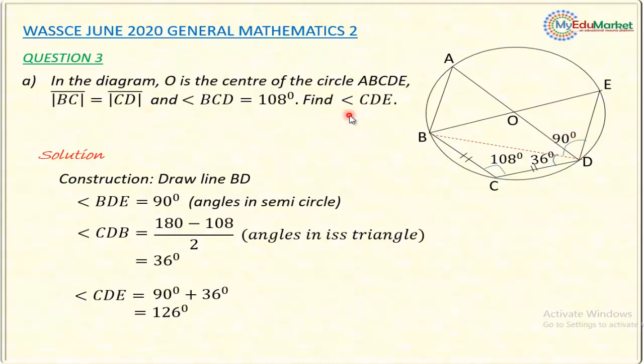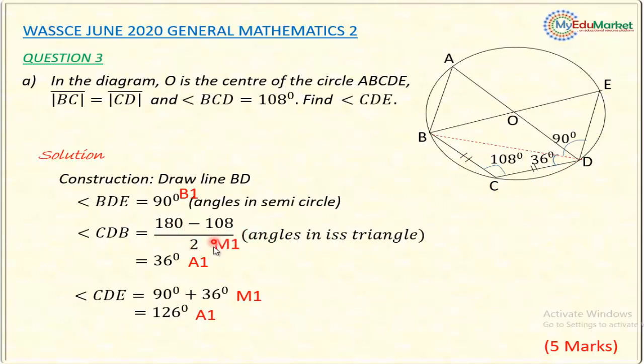So let's see the mark distribution for this question according to the WAEC marking scheme. The first mark was the bonus 1 mark for getting angle BDE as 90 degrees, using the correct reason, angle in a semicircle. The next is the method mark for attempting to get angle CDB using this theorem.